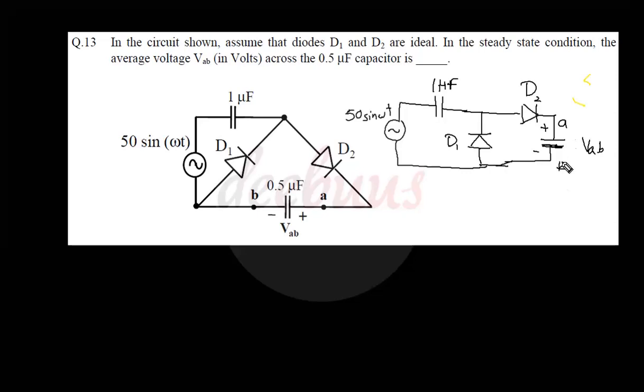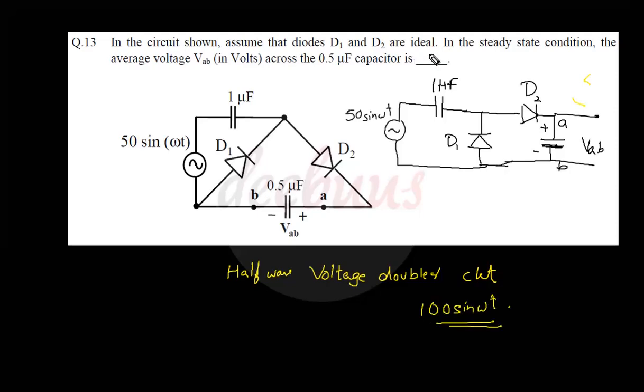So this circuit is a familiar circuit, and that circuit is a voltage doubler circuit. Exactly speaking, it's a half wave voltage doubler circuit. So the output voltage is 100 sin omega t. So across the 0.5 microfarad capacitor, the value is 100.